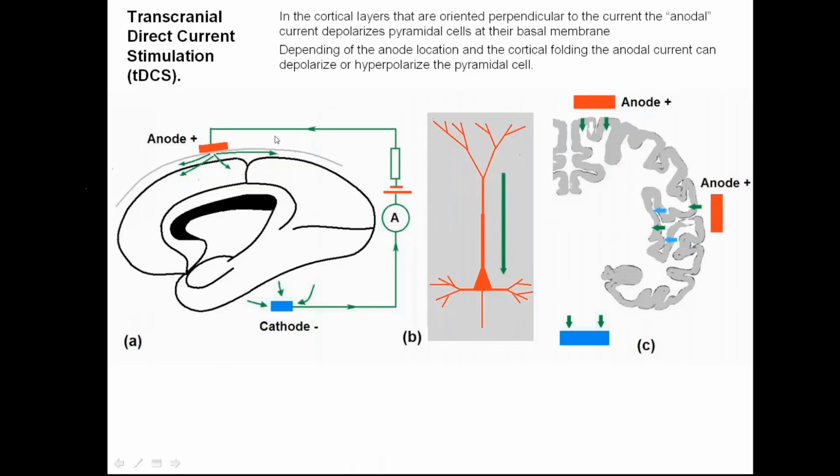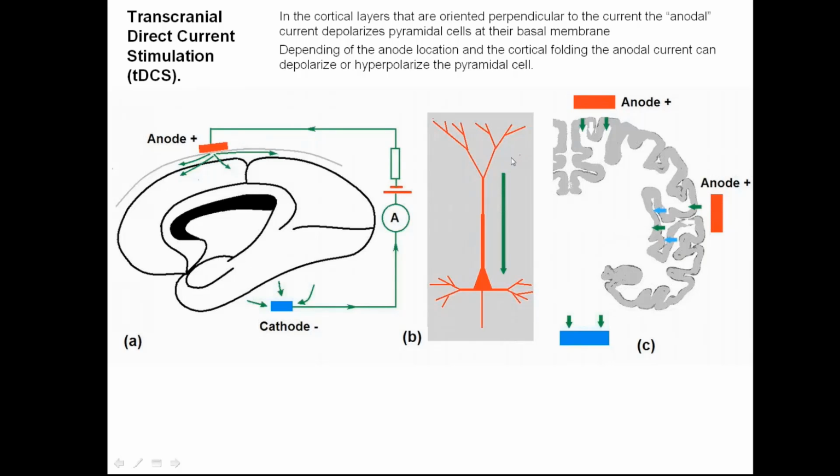Then we have transcranial direct current stimulation, in which two electrodes, anode and cathode, are placed on the head, and the current is injected. Most of the current goes through the scalp and the skin, but 10% of the current goes through the gray matter.